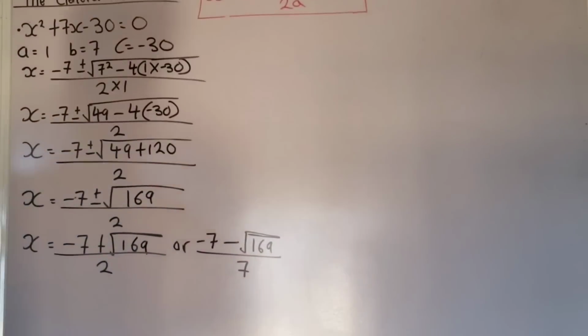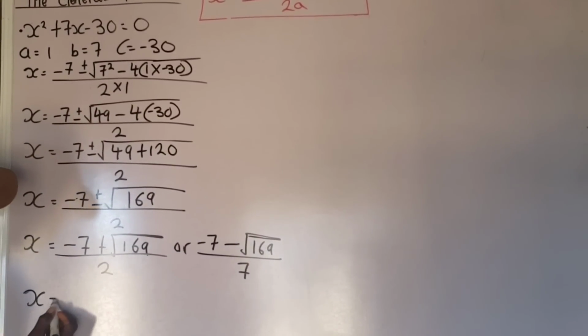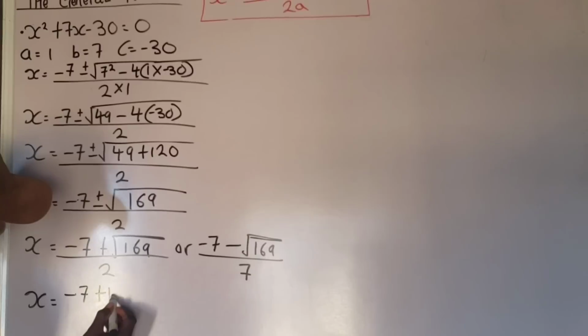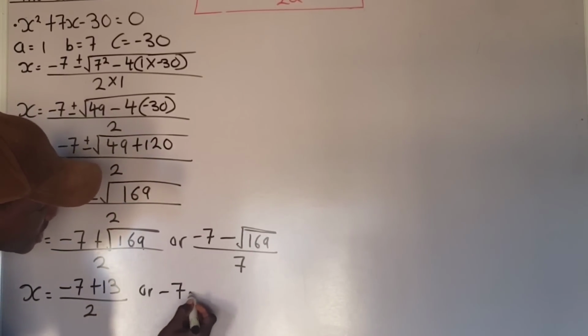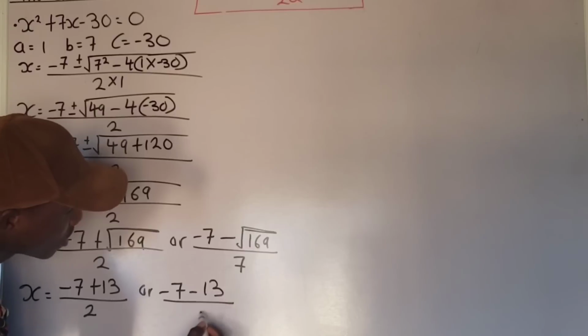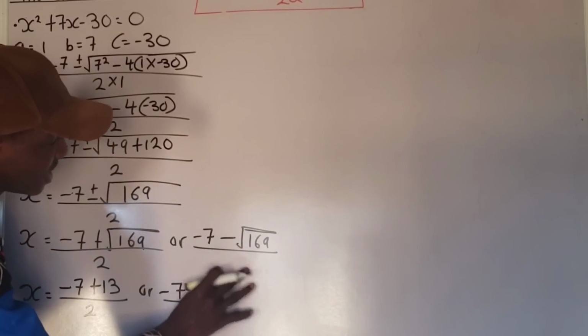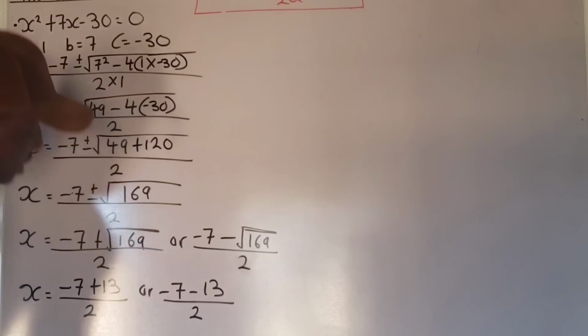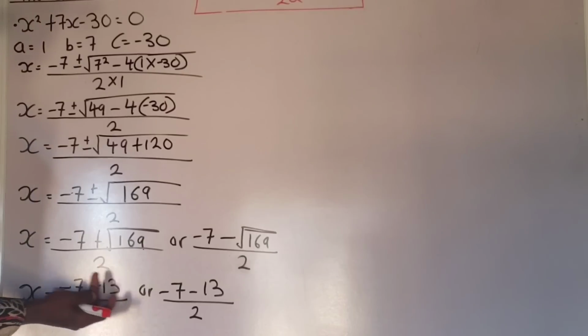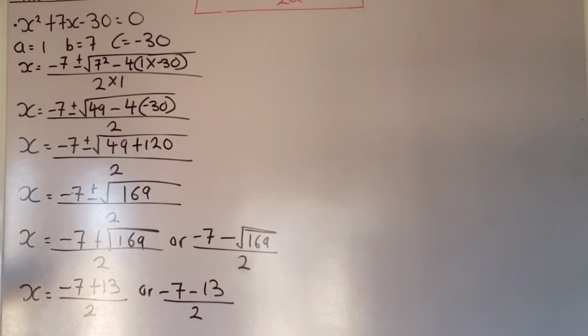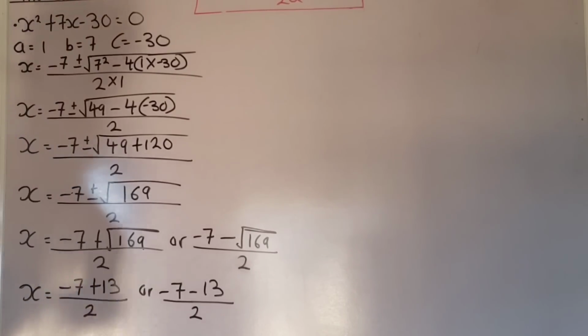So, for the first part, I'm going to have x equals negative 7 plus 13 all over 2, or negative 7 minus 13 all over, sorry, this is supposed to be 2 all over 2, you understand, okay? Now, negative 7 plus 13, what will be the answer? That will be 6. It's just as if saying 13 minus 7, that will be 6. Do you understand? So for this I'm going to have 6 all over 2.